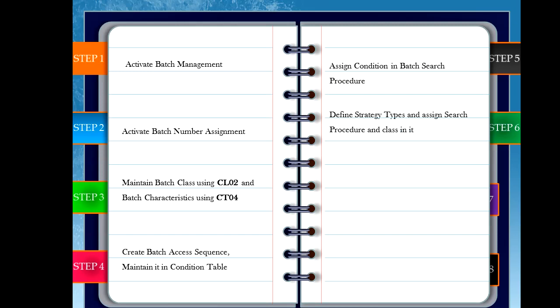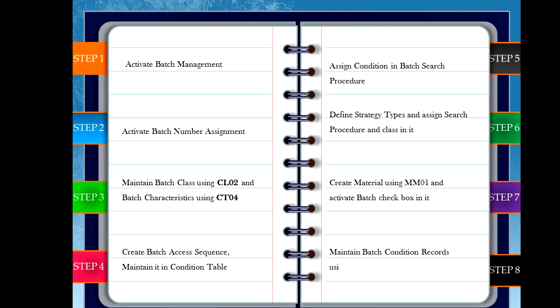Define the strategy type and assign the batch search procedure, and the class which we have configured previously has to be maintained in this strategy type. Step 7. Create a material for which batch has to be maintained, but here the batch management has to be activated, wherein one can see the batch management checkbox in MM01.